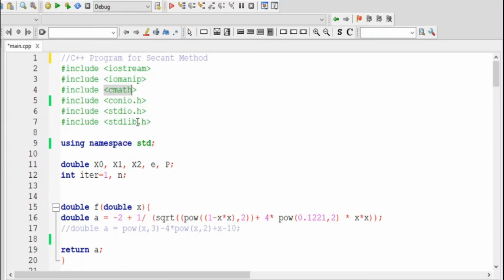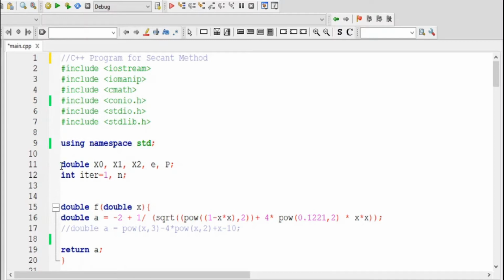The stdlib.h is the standard general utilities library, which includes environment functions like abort, exit, and integer arithmetic. Now, this using namespace std means make all the things available under the standard namespace.